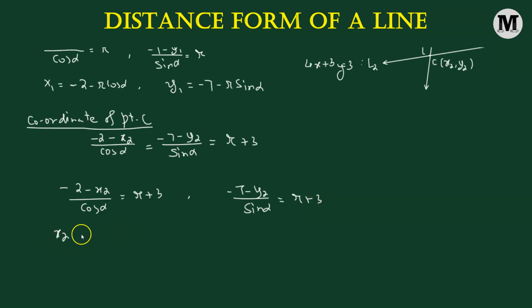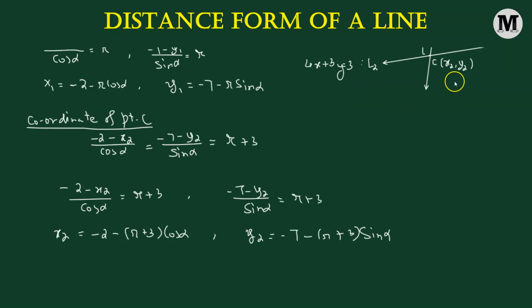So let's find out x2. x2 is going to be equal to -2 - (r + 3) times cosine of angle alpha, and y2 is going to be equal to -7 - (r + 3) times sine of alpha. So we have obtained the coordinates of C as well. Let's note it down.